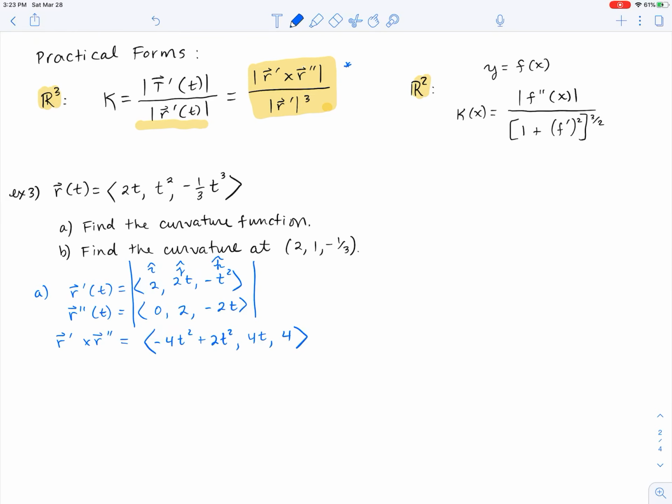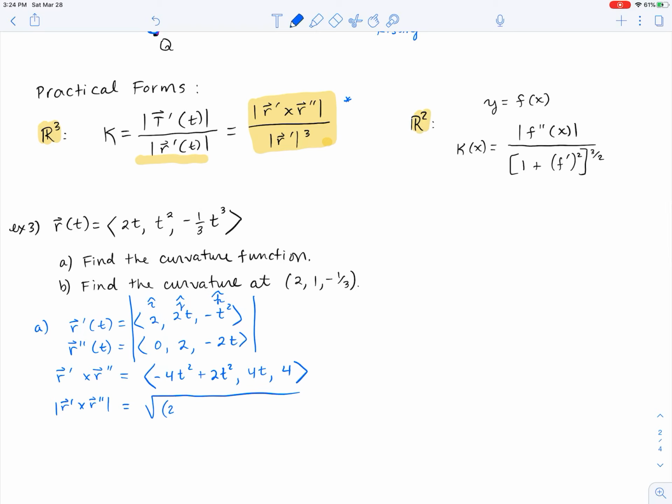Now we want to take the magnitude. Again, we're looking up here. So the magnitude of r prime crossed with r double prime is going to be the square root of 16t to the 4th plus 4t to the 4th. Whoops, I think I screwed that one up. I totally screwed that one up. Don't tell anybody.